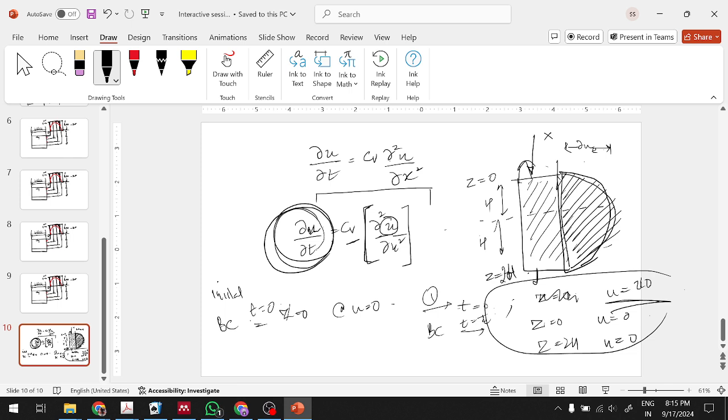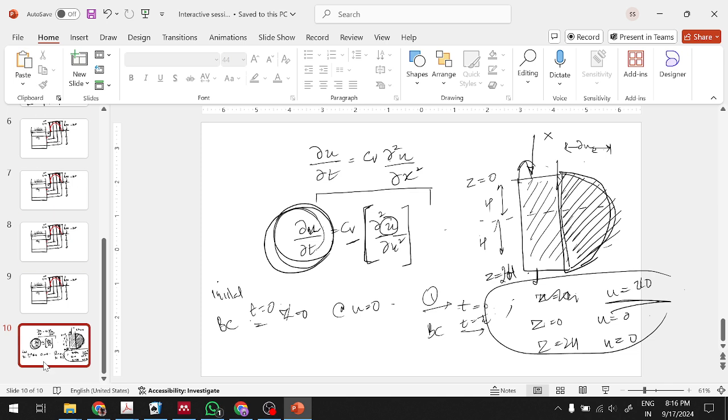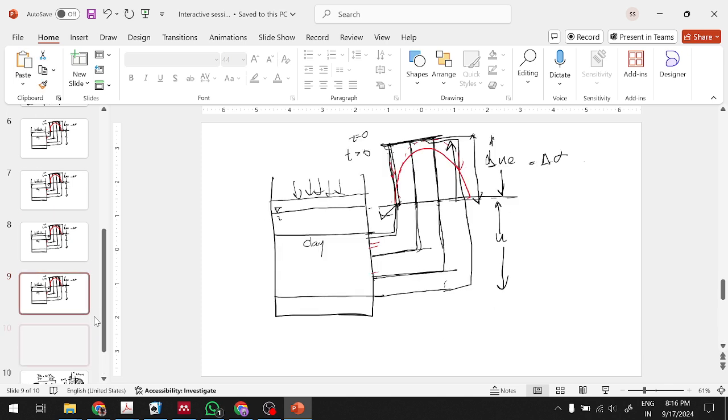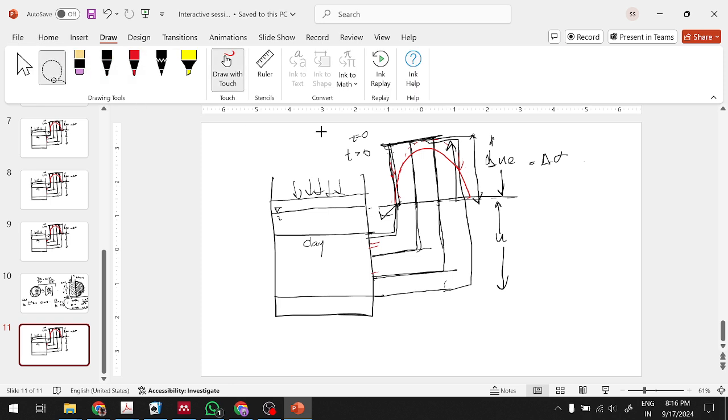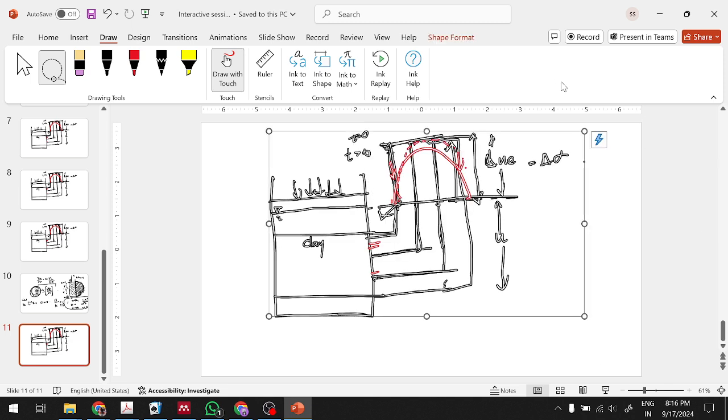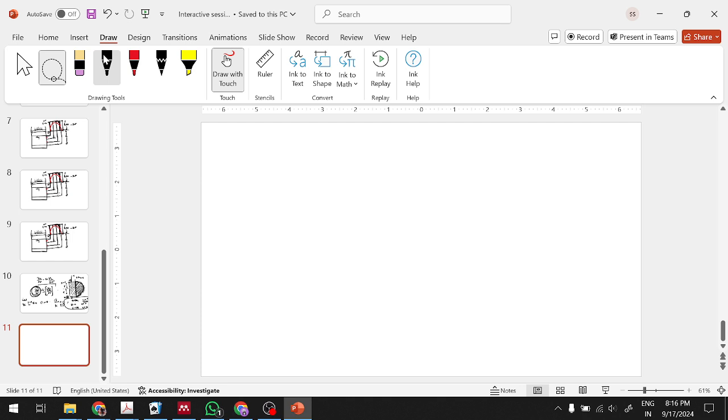And then what you do is you calculate three factors: TV, UZ, and H. TV is the time factor, this is CV t over H squared.